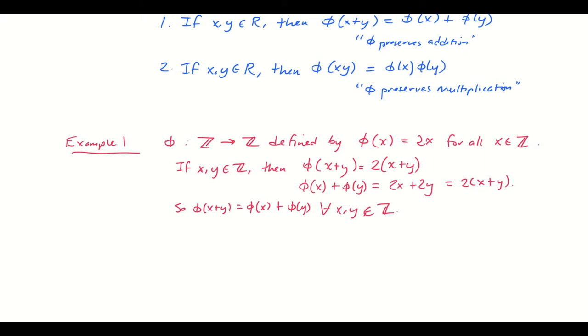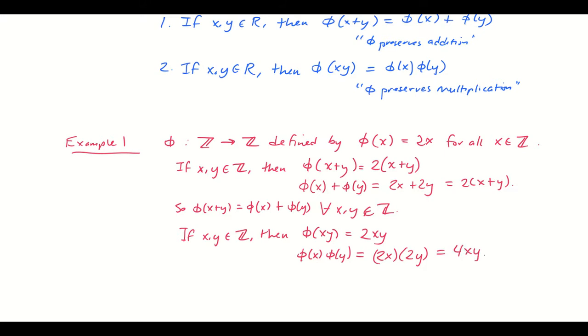Now let's check that phi preserves multiplication. If x and y are integers, then phi of xy is equal to 2 times the quantity xy. And phi of x times phi of y is equal to 2x times 2y. And wait a minute, that's not the same as 2xy.